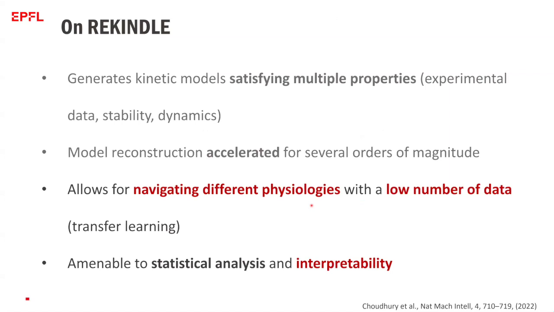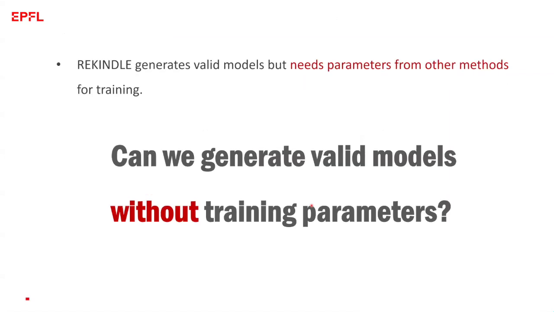And if we would like to move the metabolic engineering, and I would say also synthetic biology community toward using this type of models and not steady state models, we need much more people to work there. And the problem with Rekindle was that you needed the starting population. So we thought, is it possible to train our networks without using previous models?